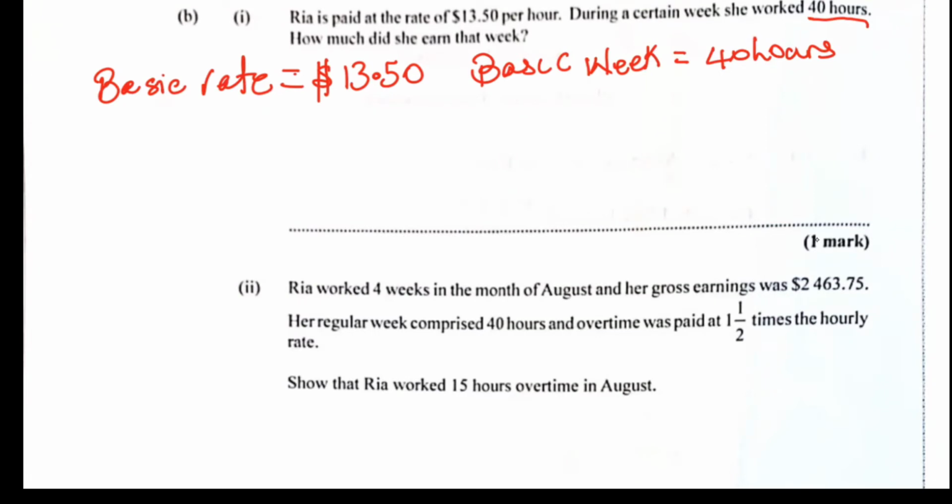All right. So we're talking about multiplying the $13.50 by the 40 hours. Since you've been paying $13.50 per hour, you would multiply that by 40 because you're doing 40 hours. So you're making $500 and about $40 to be exact.